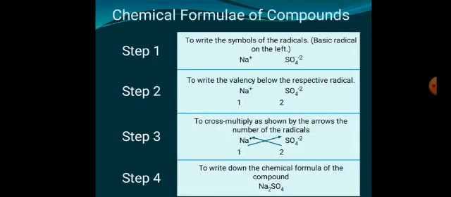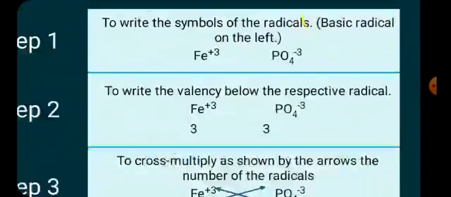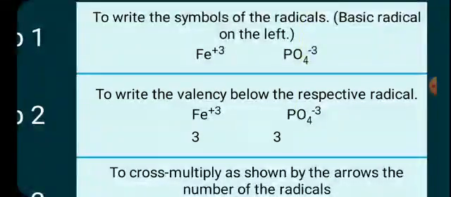Let us study one more example, ferric phosphate. So symbols are written in the first step and basic radical is written on the left hand side and acidic radical is written on the right hand side. So Fe3+, it is a cation, it is basic in nature, so it is written on the left hand side.